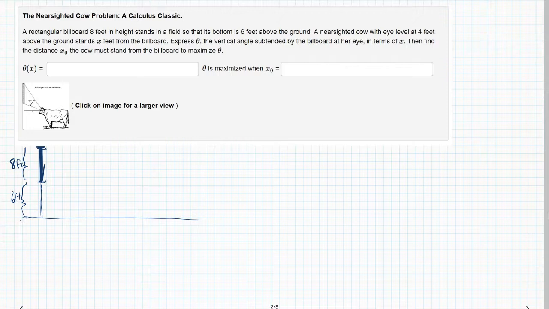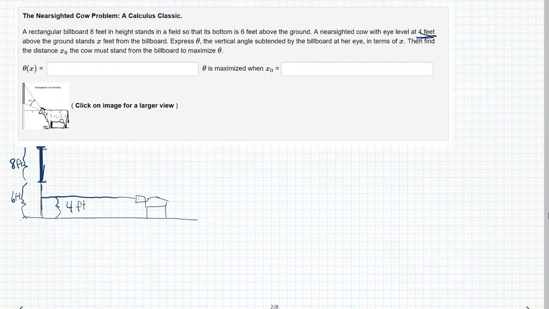And this has to be ground level. Okay, a nearsighted cow with eye level at 4 feet. So I'm sure you will love this drawing of the cow right there. And just to make sure it's a cow there. So you have a cow. Now it says his eye level is at 4 feet. So I'll put the eye level here. I'm not saying this is to scale, but we know that this height right here is 4 feet.